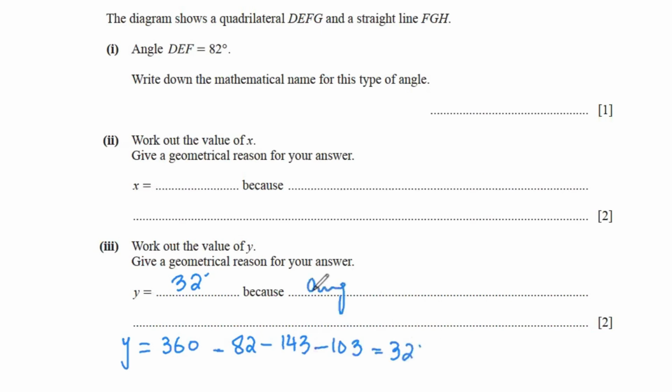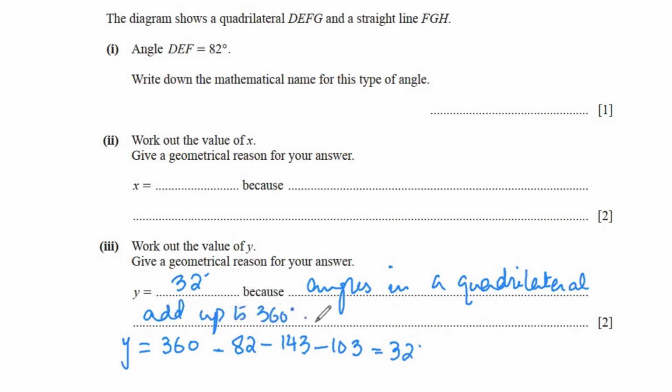The reason is that angles in a quadrilateral add up to 360 degrees.